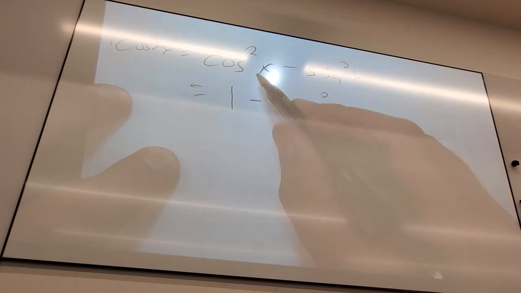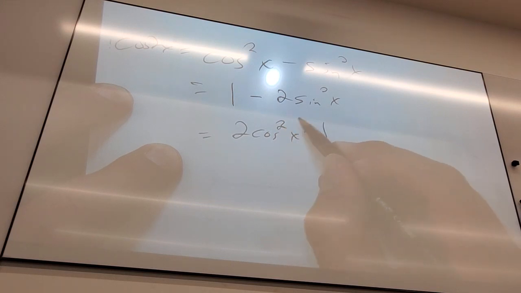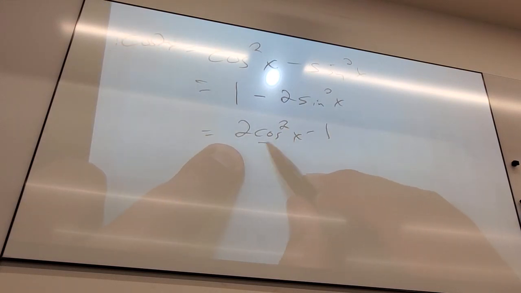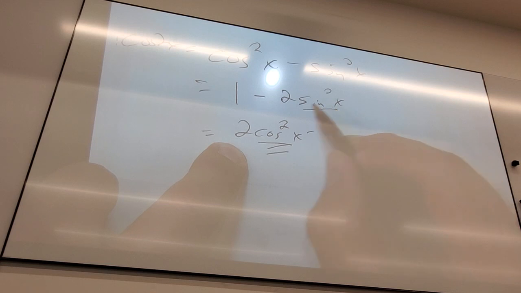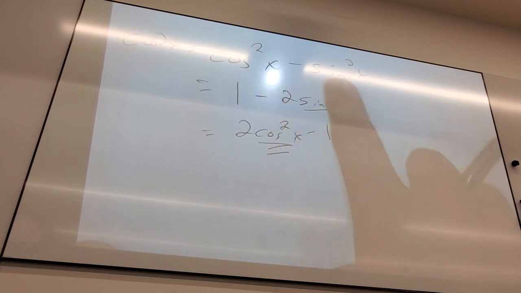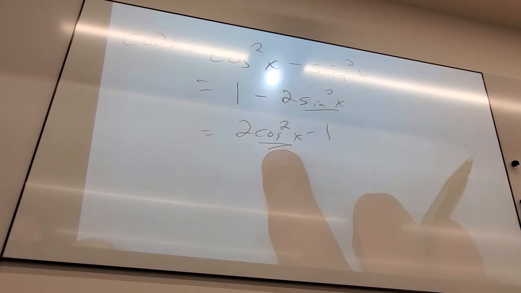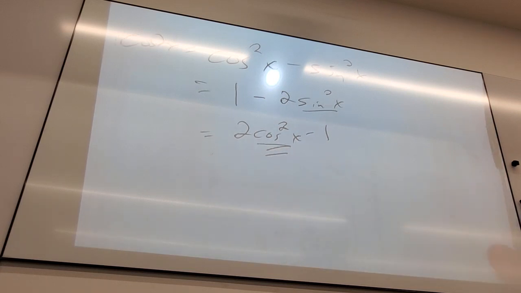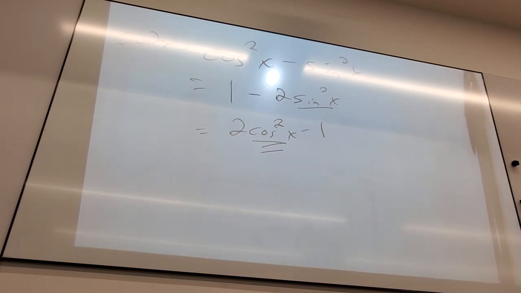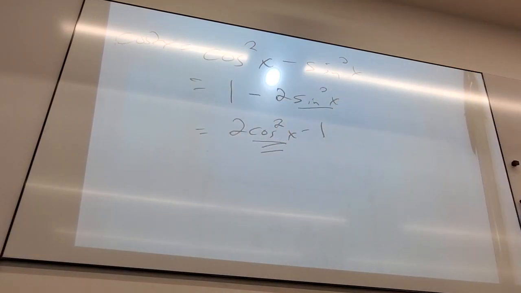Sine squared is 1 minus cosine squared, so it's also 2 cosine squared x minus 1. But look how cosine is still an asshole. Me first, me first. You could be last and be negative sine, right? So that's another cosine is an asshole thing. But I would remember this. This is what I did as a student. I remembered this, and I just built these two as I needed them. But you can remember all three if you want to. Just don't memorize 0 of them, because that's not good.